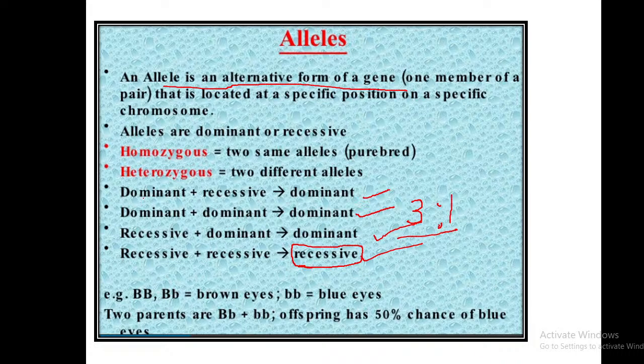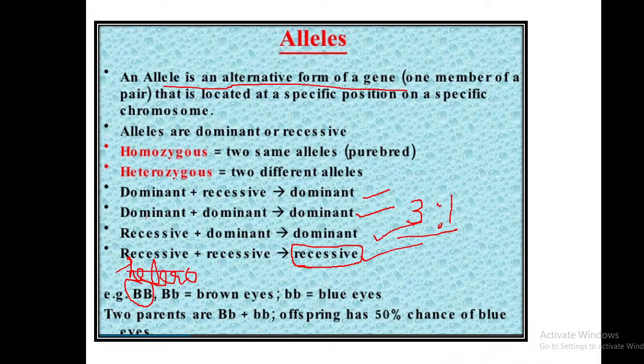Just keep in mind what homozygous is, what heterozygous is, what recessive is, what dominant is. When a dominant is crossed with a recessive one, the result is dominant. Dominant crossed with a dominant results in dominant, and this is one example. Sorry.